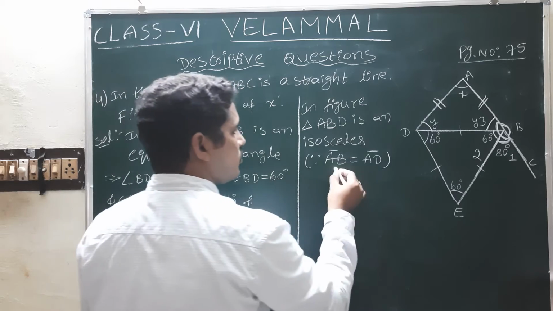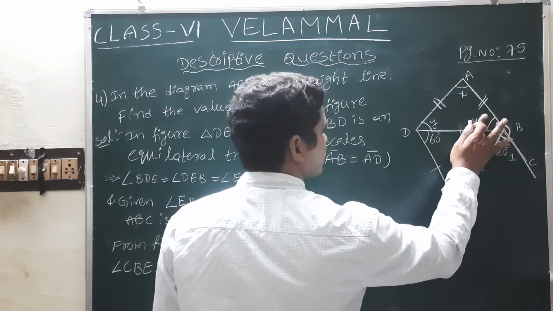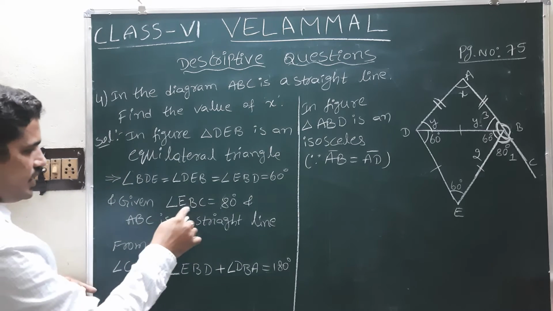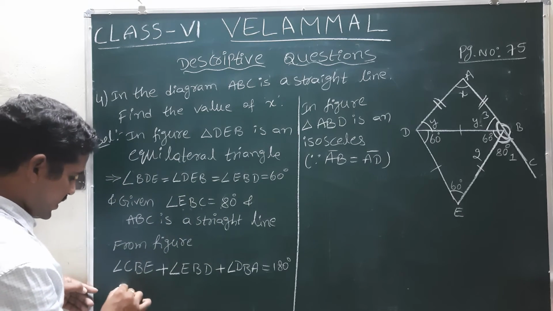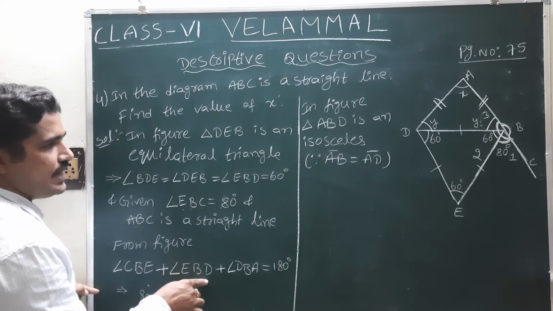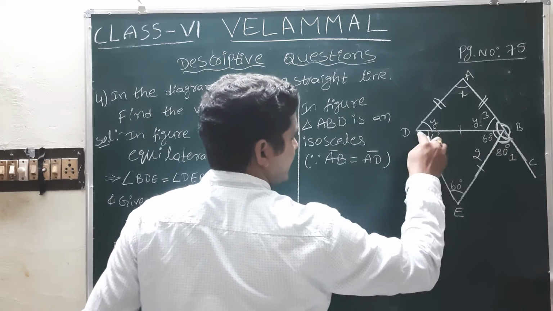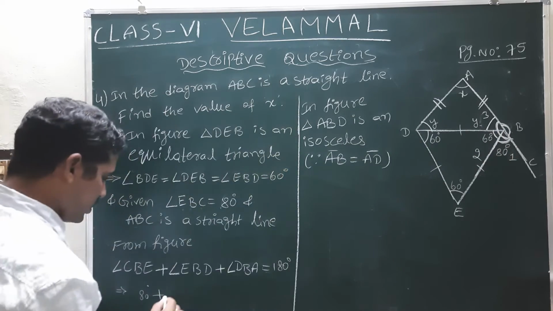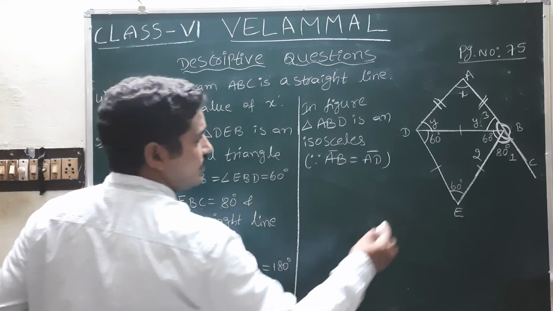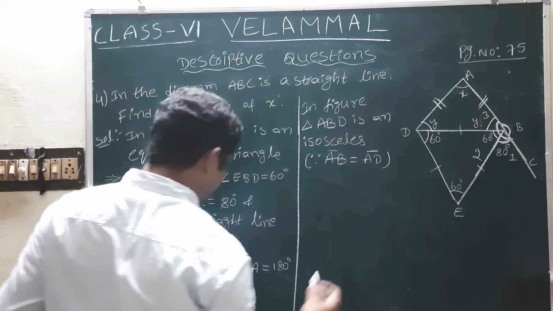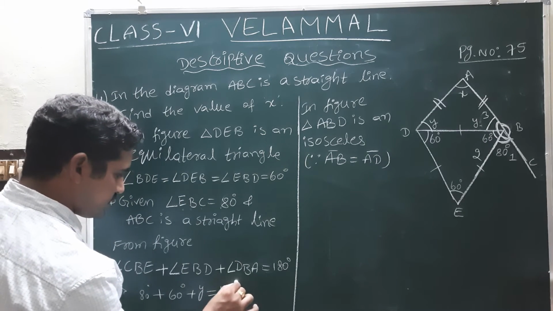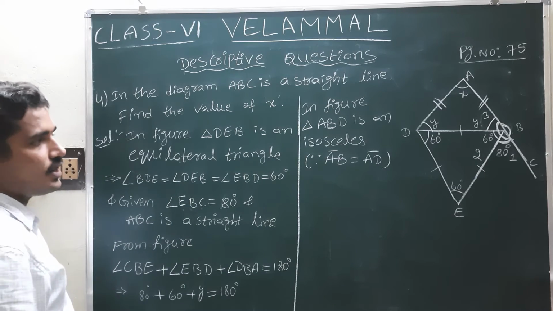Okay. So now we are substituting these values in this. Angle CBE we have as 80 degrees, plus angle EBD. EBD by the equilateral triangle we got as 60 degrees, plus DBA. DBA we don't know, that one we are considering as y, is equal to 180 degrees. Right?